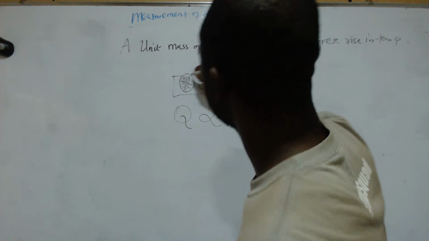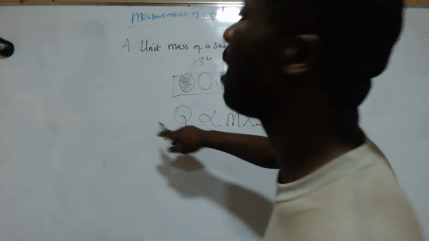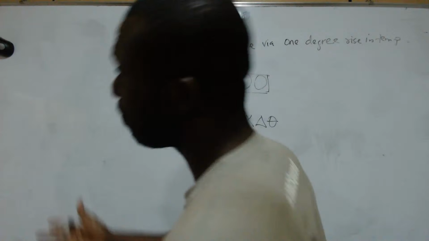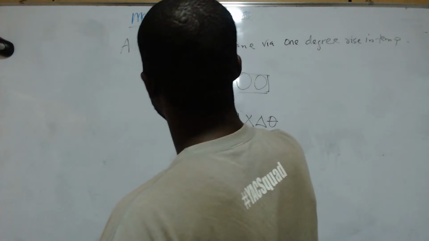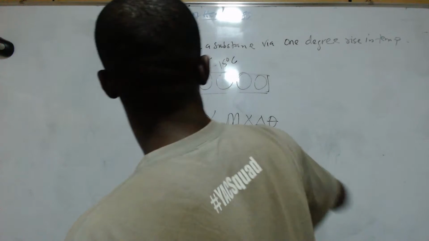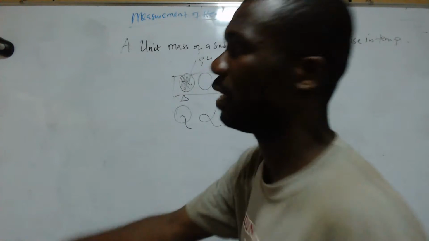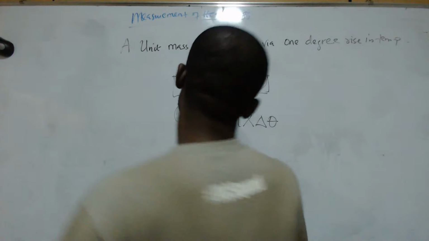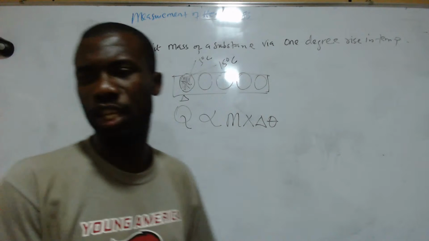Let's say this matter was at a temperature of 5 degrees centigrade, the ambient or room temperature. Now you apply heat to this matter, and the temperature changes to, let's say, 15 degrees centigrade. There is a change in temperature, and that change is as a result of heat. So the quantity of heat is directly proportional to the product of mass and change in temperature.